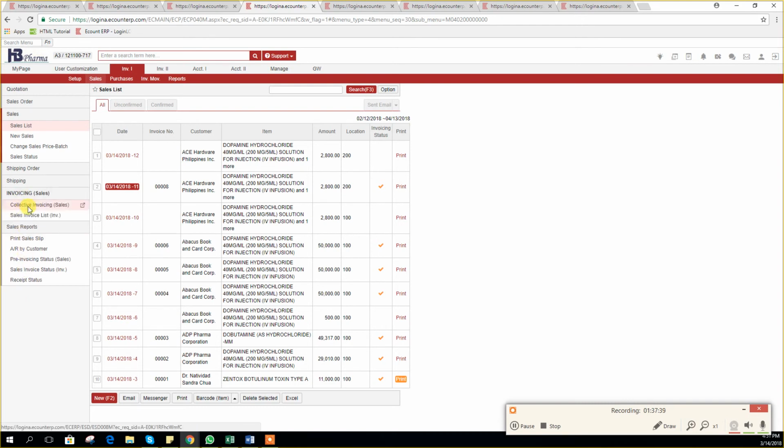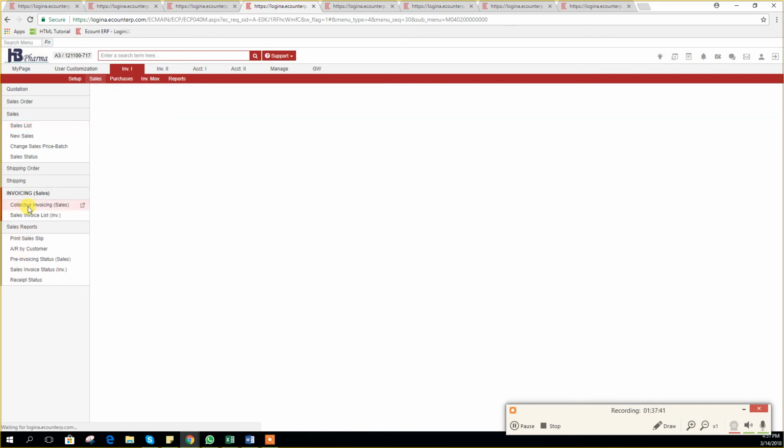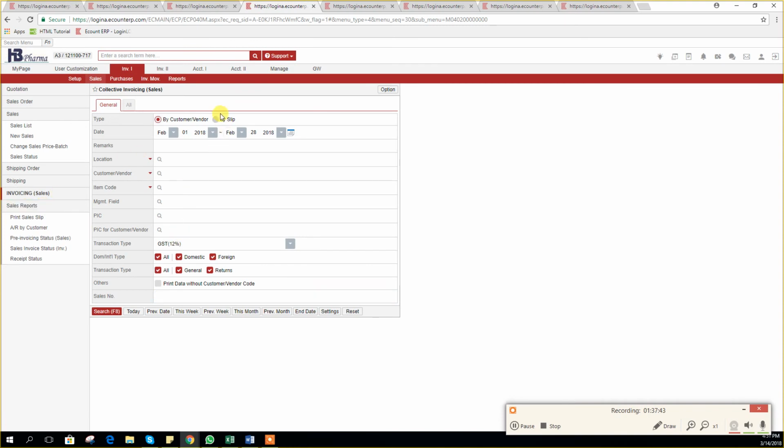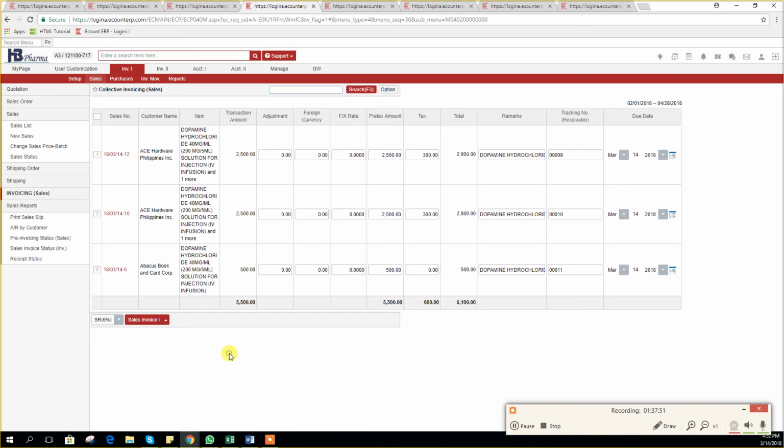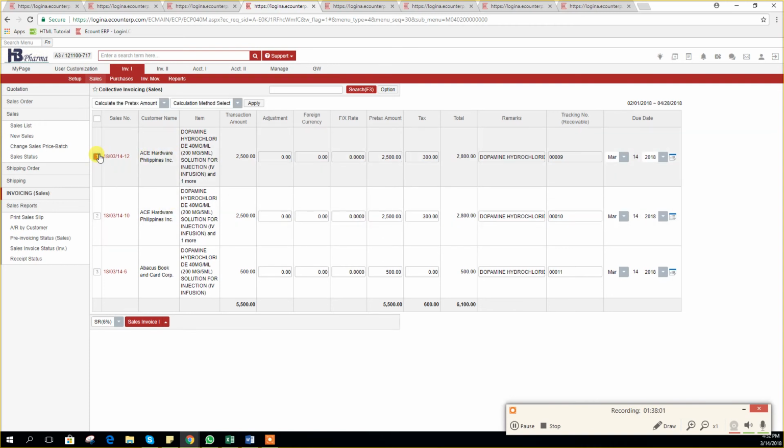This collective invoicing is basically combining the two sales slips to have one accounting entry. So let's say my Ace Hardware here, this Philippines Ace Hardware, I need to click here and click here.